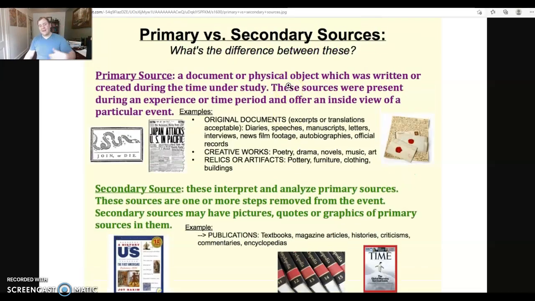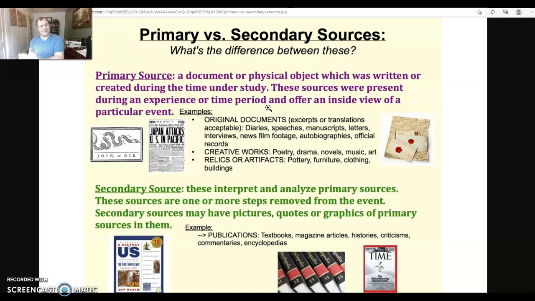All right, and along with that, you also have secondary sources, and secondary sources are things that you create using primary sources, essentially, right? It's what you're going to be creating when you write research papers. A secondary source interprets and analyzes primary sources, like we're going to be doing today, and is one or more steps removed from the event.